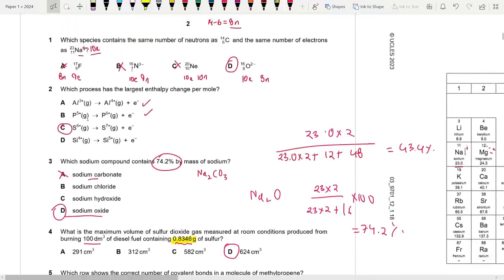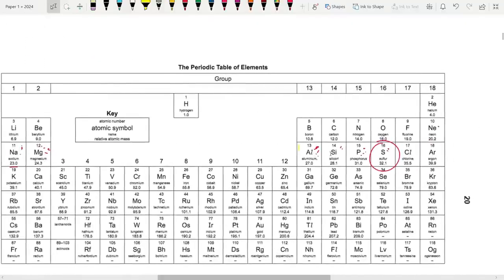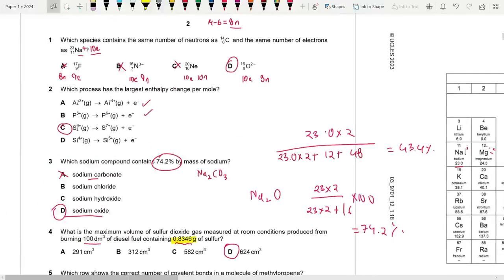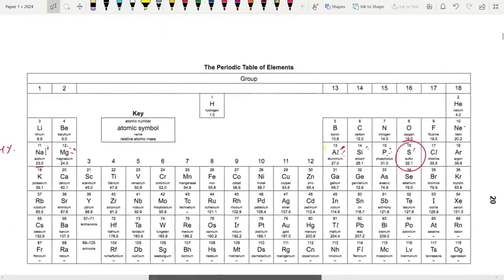Same for phosphorus. This is the sixth IE. Since it's in group 15, the sixth electron will be coming out from the second shell. For sulfur, the seventh electron will be coming out from the second shell, and for silicon, the fifth electron will be coming out from the second shell, since silicon is in group 14.